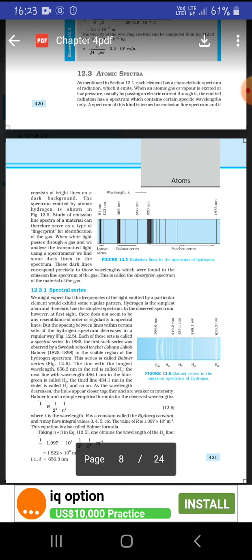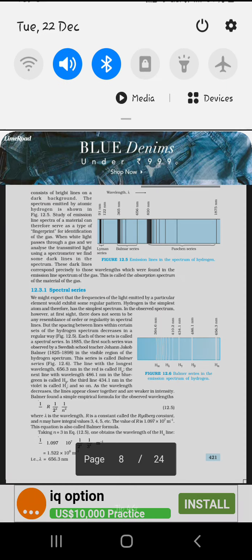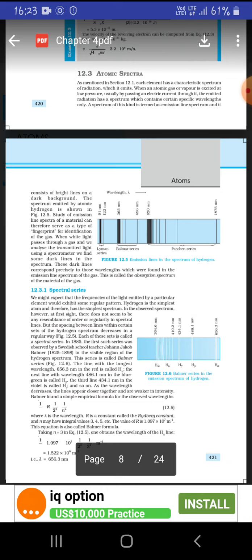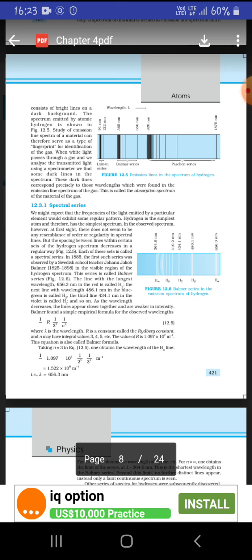The spectrum emitted by atomic hydrogen is shown in Figure 12.5. The series are Lyman series, Balmer series, Paschen series, Brackett series and Pfund series. You have learnt all this in your 11th standard, as you know. So next is spectral series.